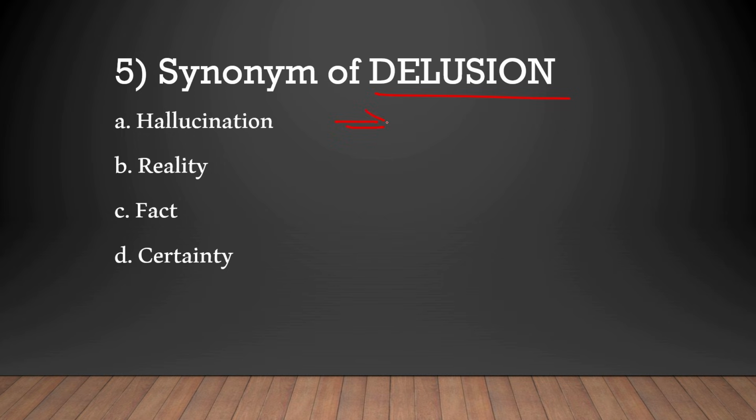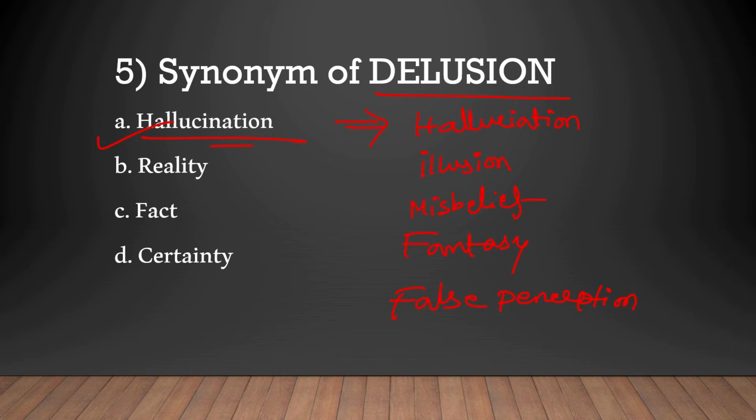So you can add synonyms like hallucination, illusion, misbelief, fantasy, or you can say false perception. Okay, so look at option A, hallucination. The word hallucination refers to seeing or hearing something that does not actually exist.